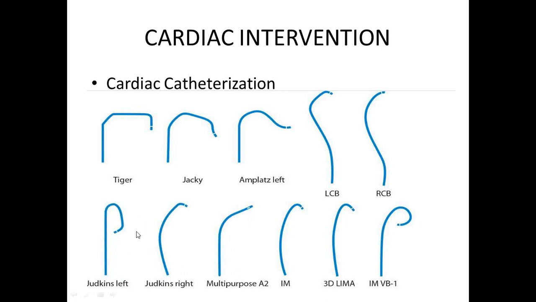So instead of using two different catheters, with the multi-purpose you can do your complete procedure. You can use it to do the right, the left, and even the LV gram.